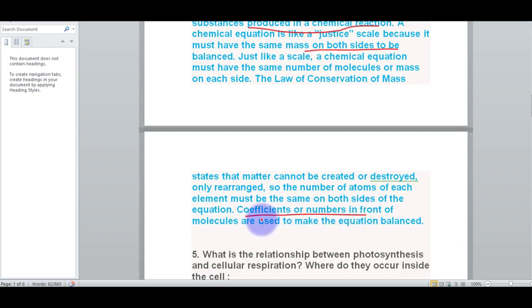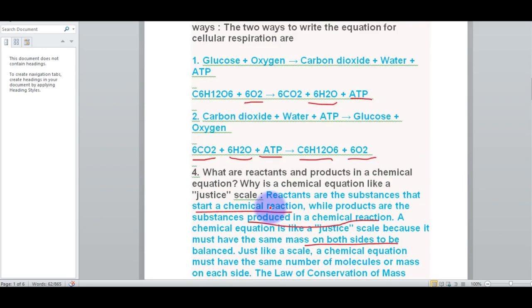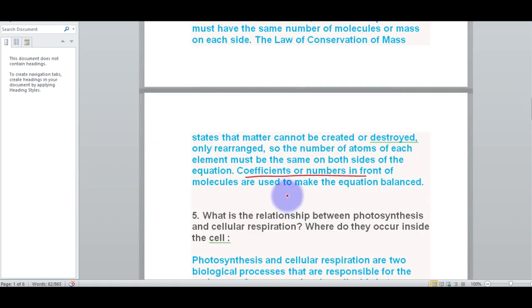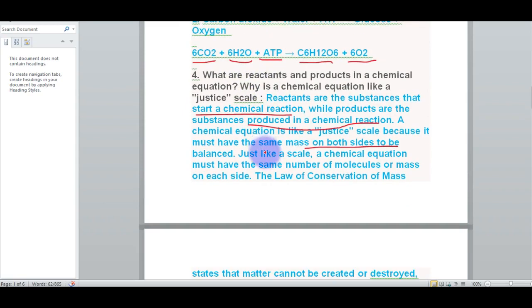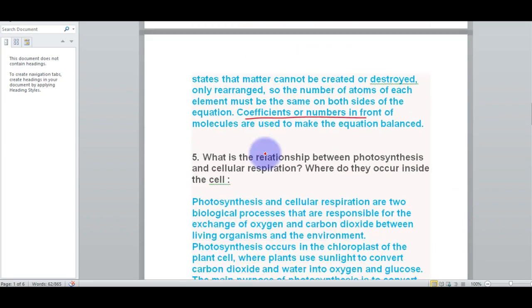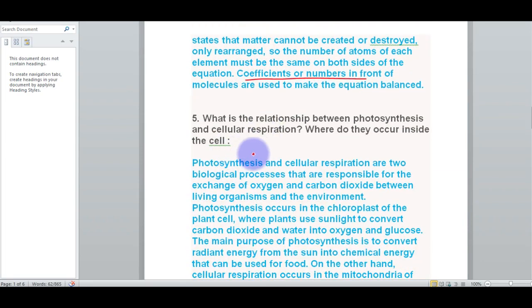According to the coefficients of carbon dioxide and oxygen in the balanced equation for photosynthesis, the number of carbon on the right hand side is equal to that on the left hand side. In the same way, the numbers of hydrogen and oxygen must be the same on the right hand side of the equation as on the left hand side.